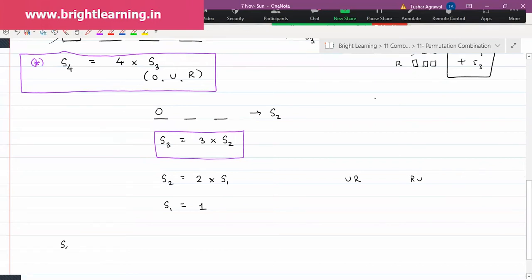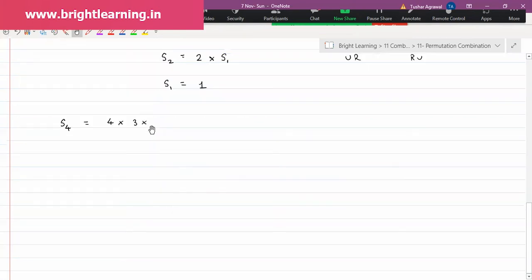S3 is 3 multiplied by S2, and S2 is 2. So we can directly write it as 4 into 3 into 2 into 1.